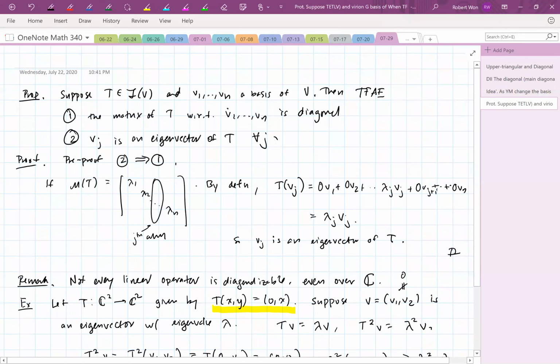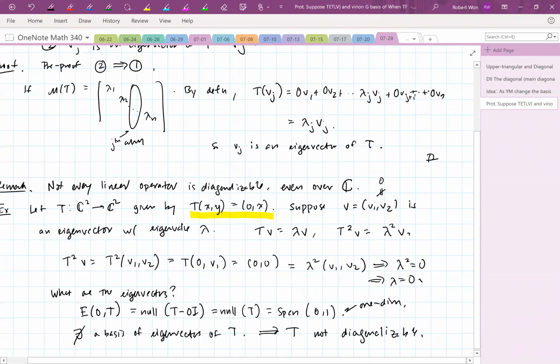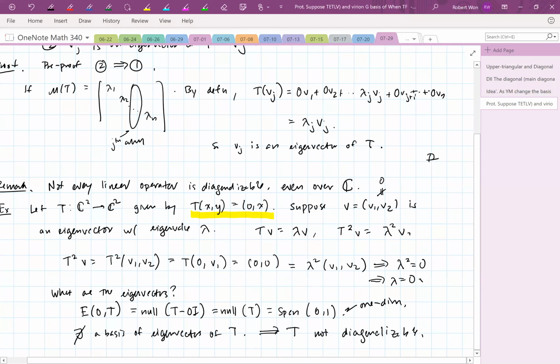That's what the proposition we just proved shows. Okay, so in other words, diagonalization is just finding a basis so that your matrix has a very nice form, but it's asking for too much. When you can diagonalize a matrix, it's great, but you can't always do it. It's asking for too strong a property.